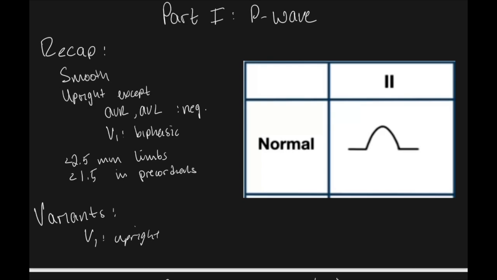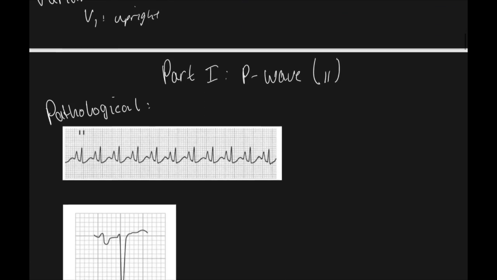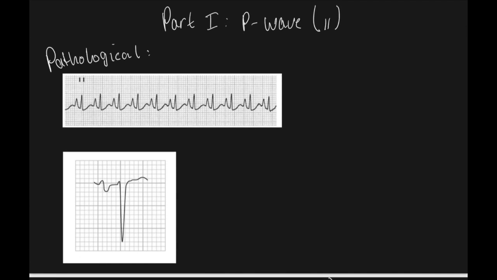There are a few things that we should keep an eye out for the P waves that may be associated with some pathologies. Now these, at least in pre-hospital medicine, where I spend most of my time, aren't necessarily too important, but they are good to be able to recognize, and that's peaked P waves.